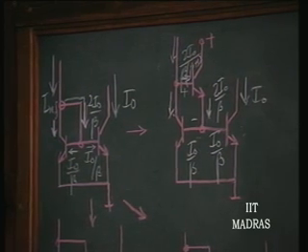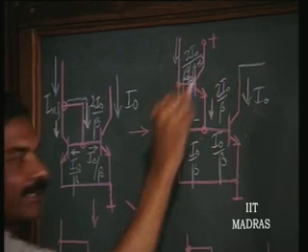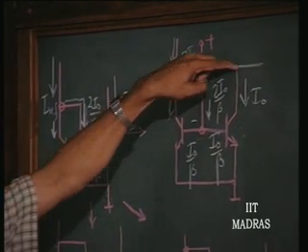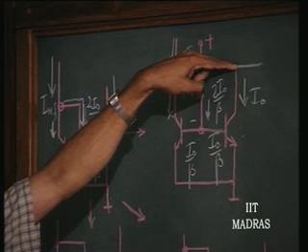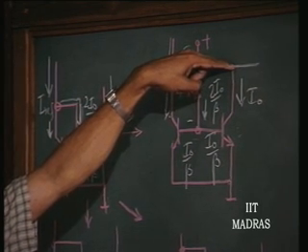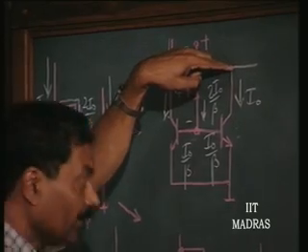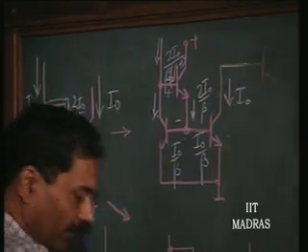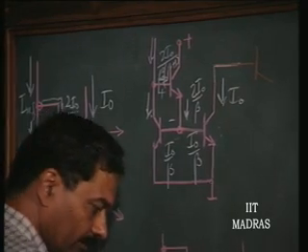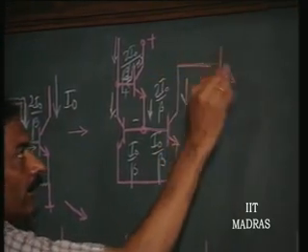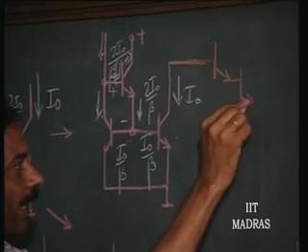And therefore, if you want current reflection to be exact, you would like to have the collector potential of this with reference to ground to be at 2 V gamma, that you have to remember. That means if this is going to supply maybe the next stage, you would rather use a Darlington pair.